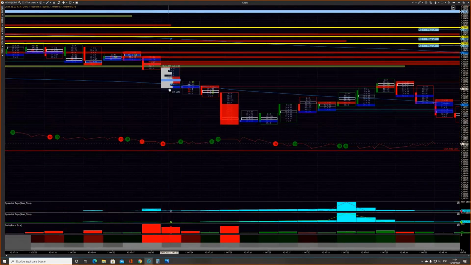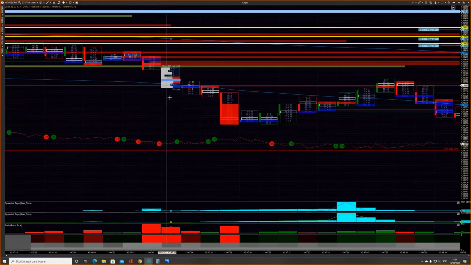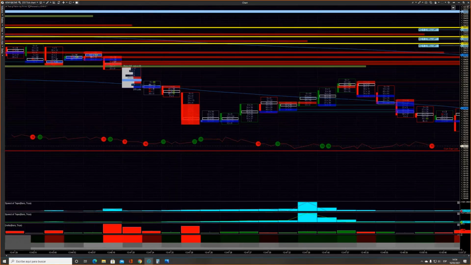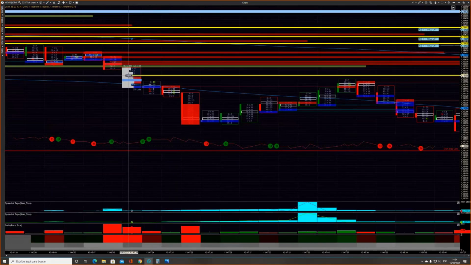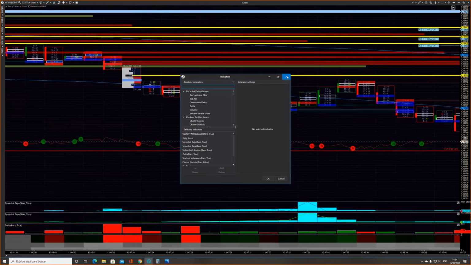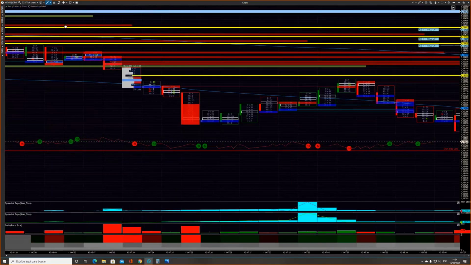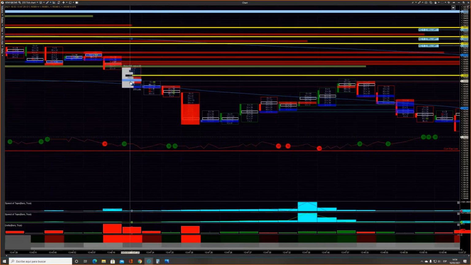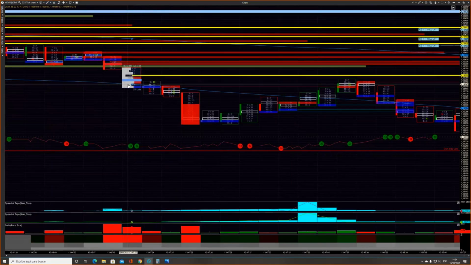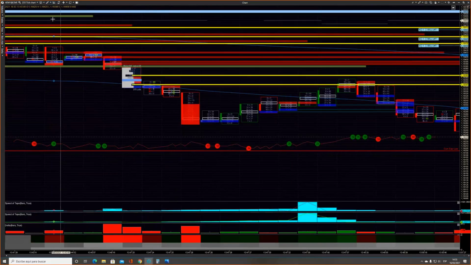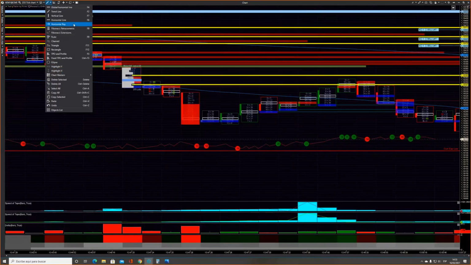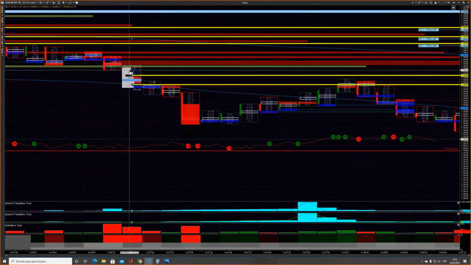Try to see this one. All right, that might be an option for a very quick trade. See what it shows on the right side.